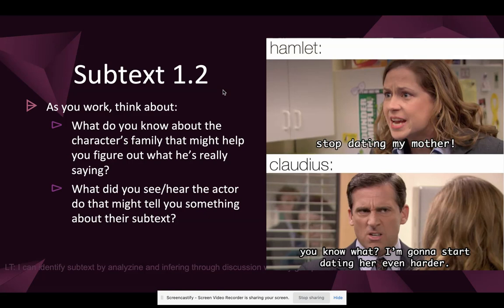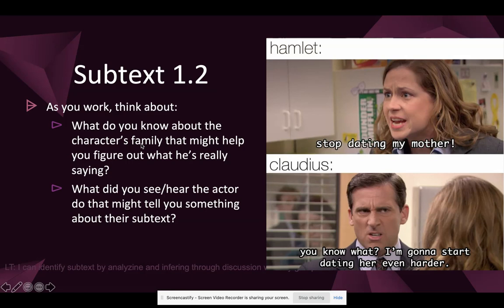And then we want to know, what's the character really saying? So what situation are they really talking about under the surface? What emotions are they really talking about? That kind of thing. So I'll do one as an example for us, and then you'll do the rest on your own.